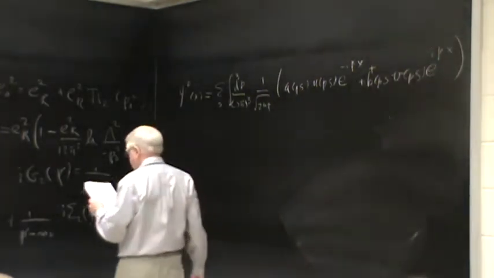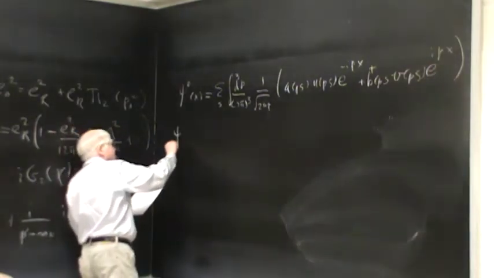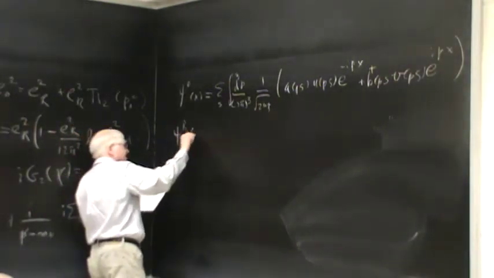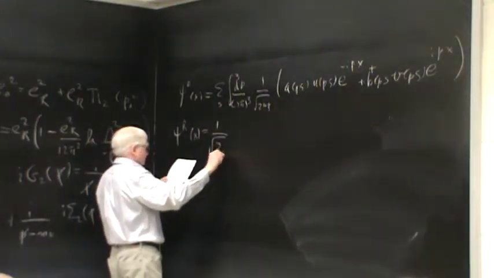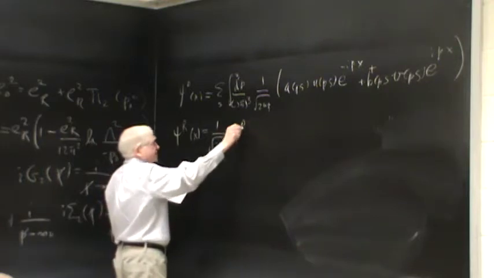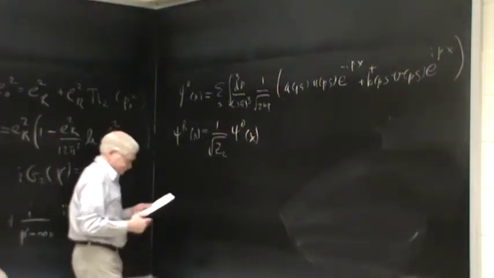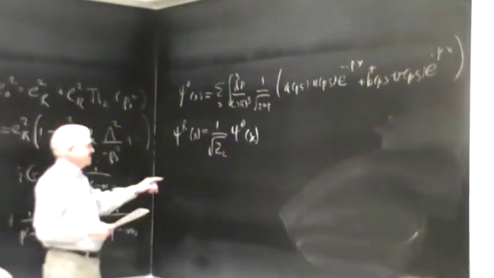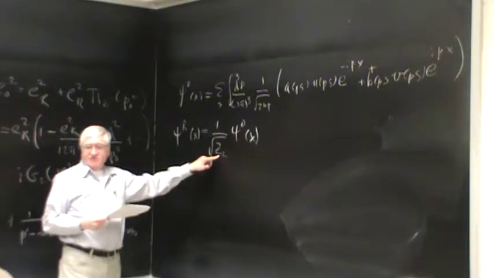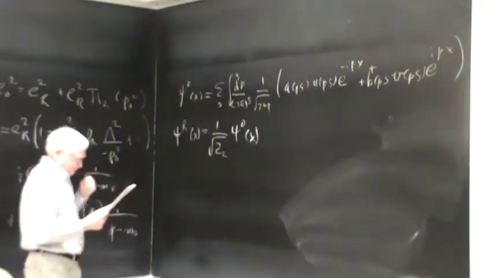Now instead, what we're going to say is that psi renormalized at x is going to be 1 over square root of Z2 times psi 0 of x. Well, I don't think we need to write it down. And this is another one of these numbers that's formally infinite.